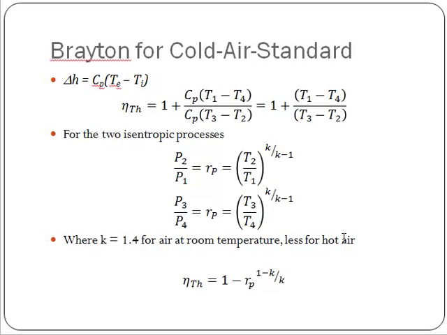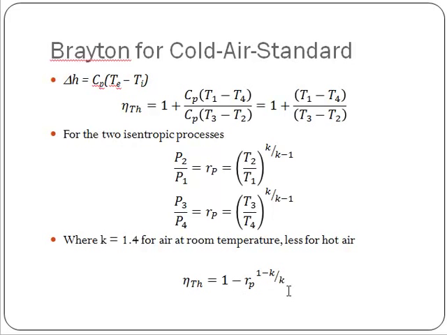Now, it's not true for air standard, but for cold air standard, I can simplify the math. The pressure ratio to the 1 minus k over k, for air, 1.4 is typically the value we use. So 1 minus 1.4, so negative 0.4 over 1.4. And all I need is the pressure ratio, and I can approximate the thermal efficiency.